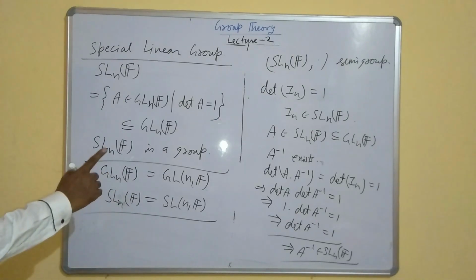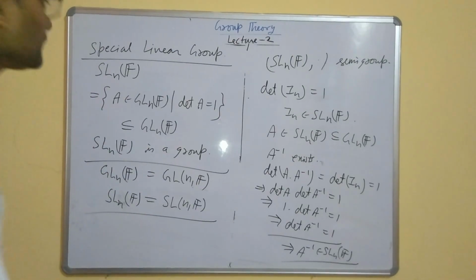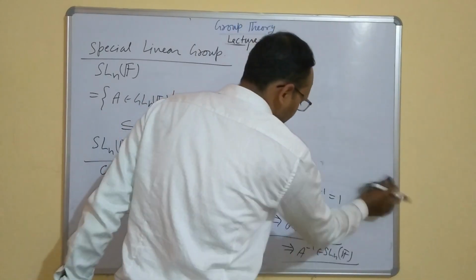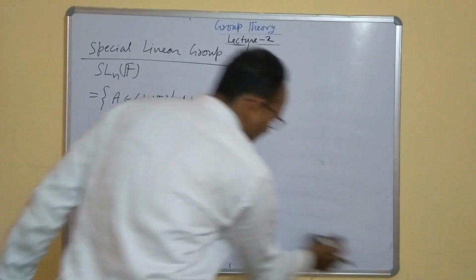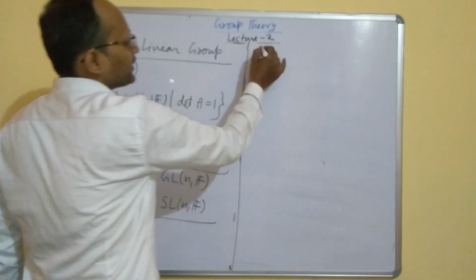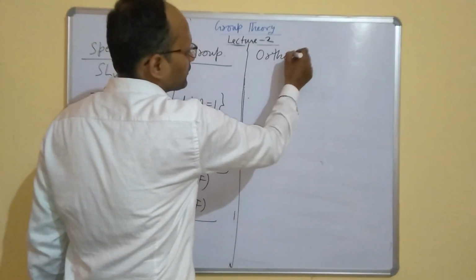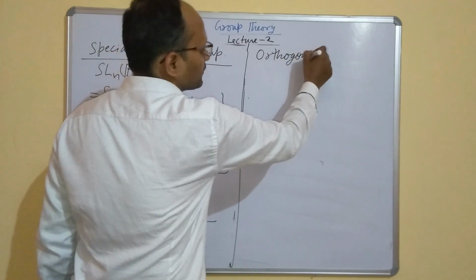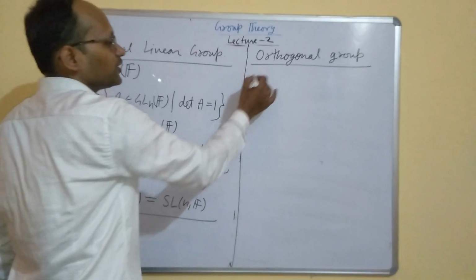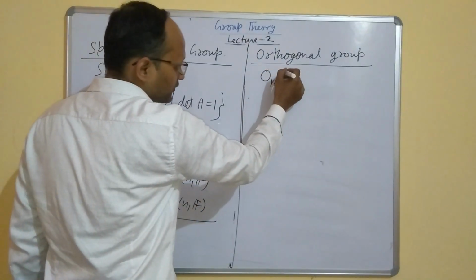Okay. Now there is one more example, and that is the orthogonal group. This is usually denoted as OnF.